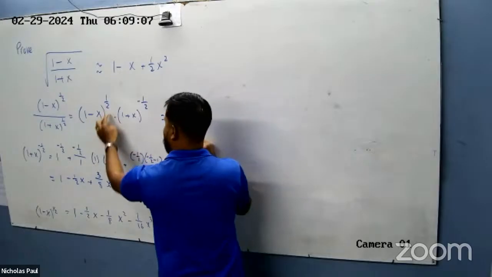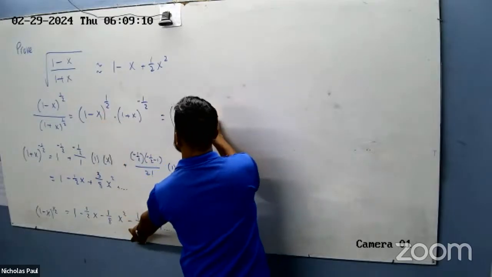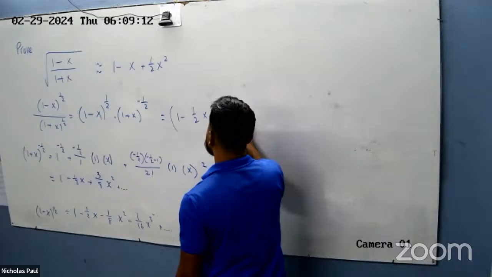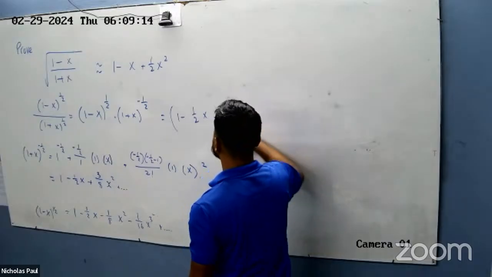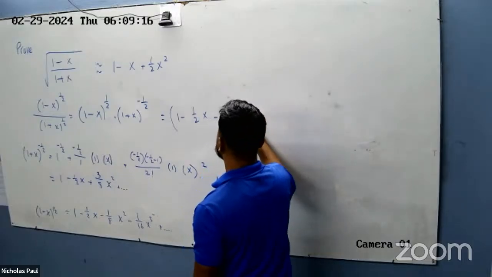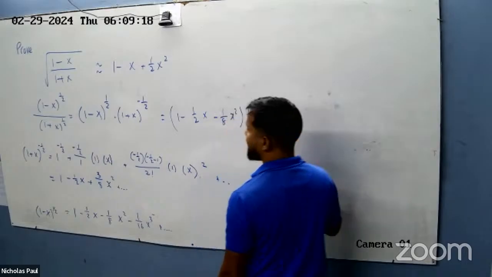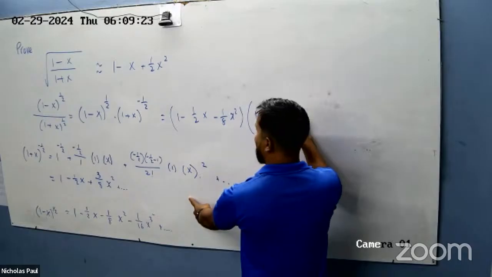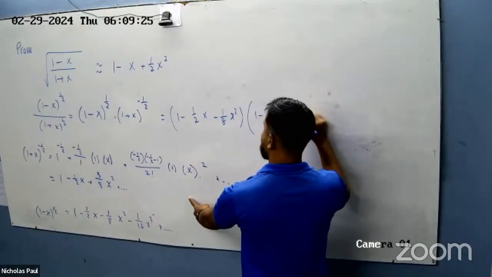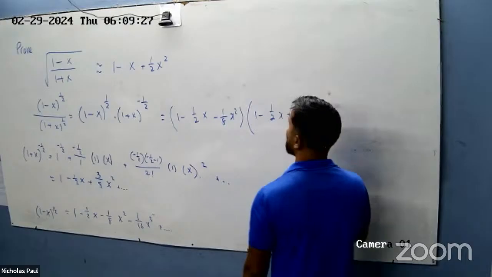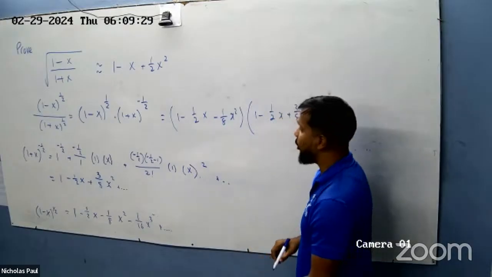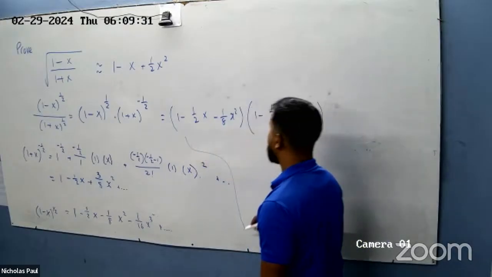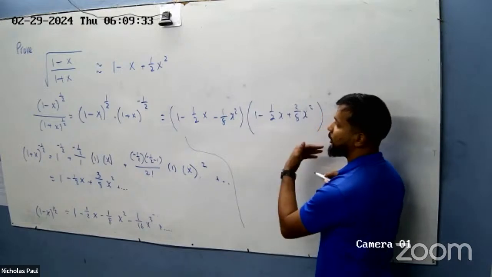So (1 minus x) to the half is 1 minus a half x minus 1/8 x squared, multiplied by this, which is 1 minus a half x plus 3/8 x squared. The question said to ignore all the terms that are x cubed or more.